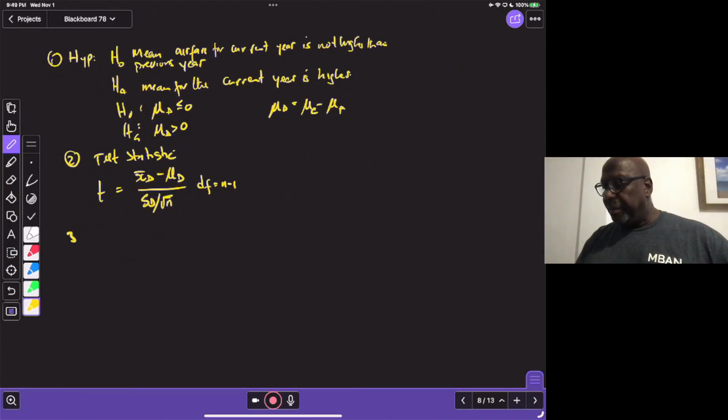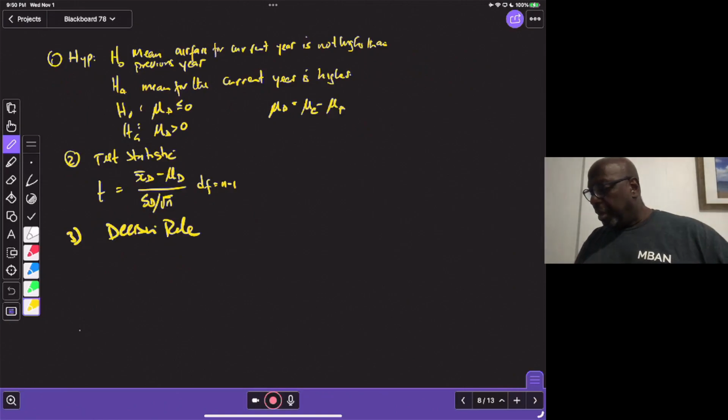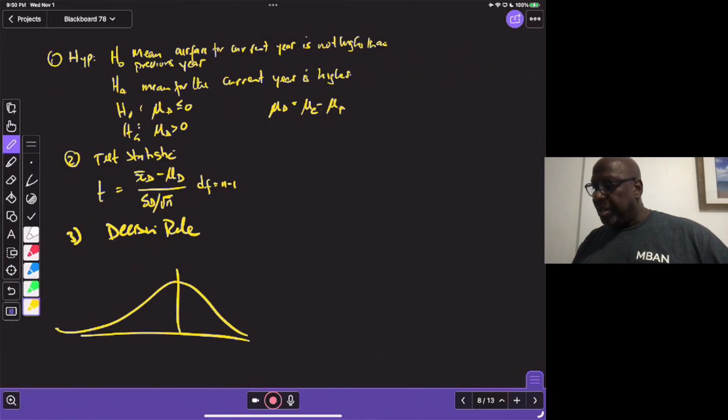Step 3, which is the decision rule. So for the decision rule, remember, for T distribution, you have to assume the population is approximately normal. This is a right-tailed test if we look at HA. And so this is alpha.